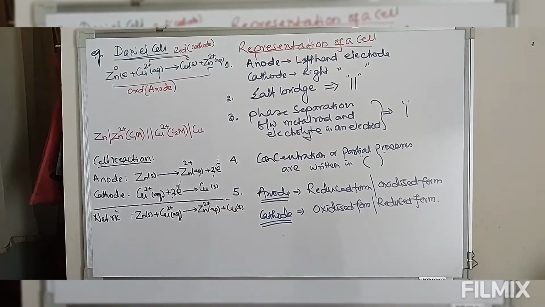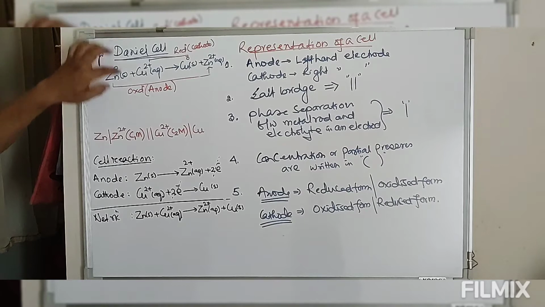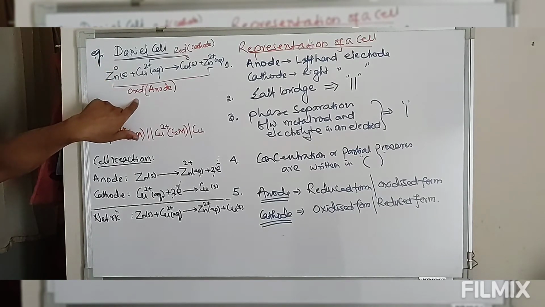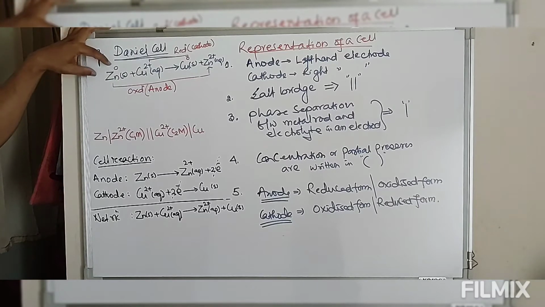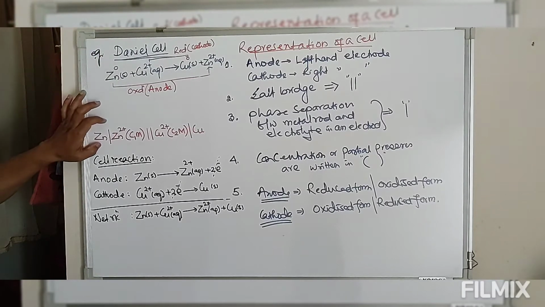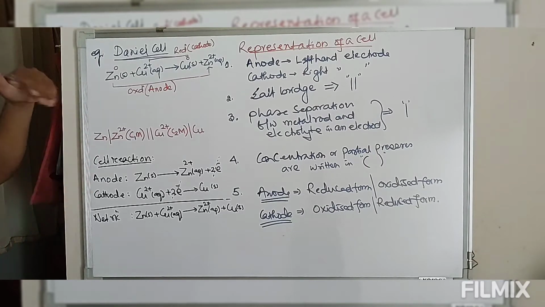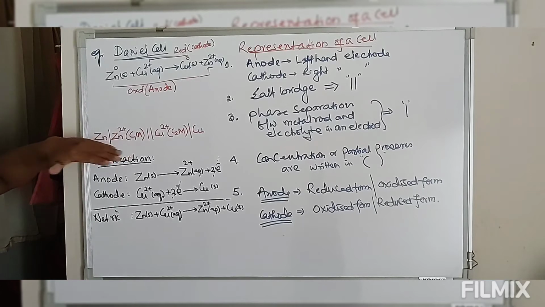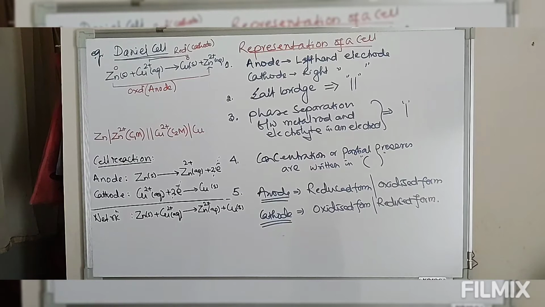So this is how we represent the cell, and from the cell reaction we can define the anodic half cell reaction and cathodic half cell reaction. From the cell reaction we can develop the cell, and from this cell we can define the anodic half cell reaction and cathodic half cell reaction. Or if the cell is already given to you, then from this cell we can define the cell reaction also.